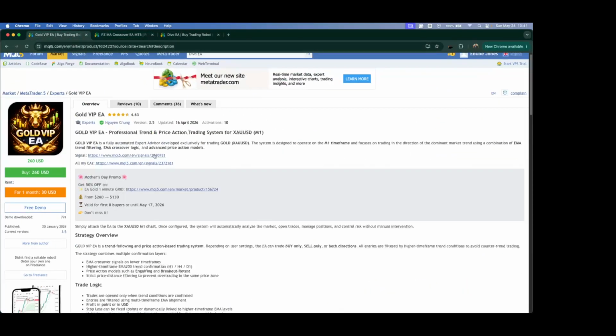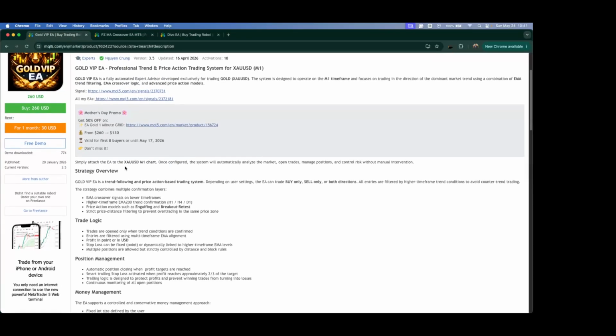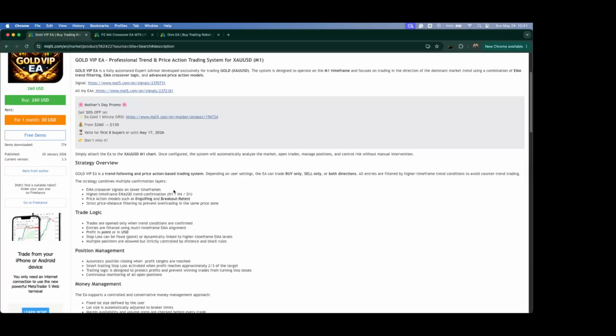Now, going back to this, we have some features that they market. We have the full control over trade direction. You can also edit the multi-layers of the EMA filters. Then there's price action models, which you can switch, and there's the trailing stop loss logic and a dashboard for easy monitoring.